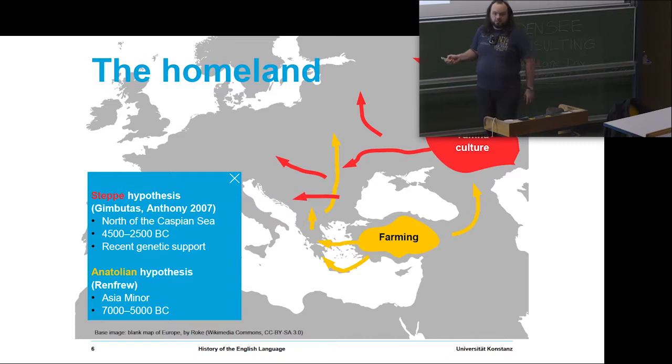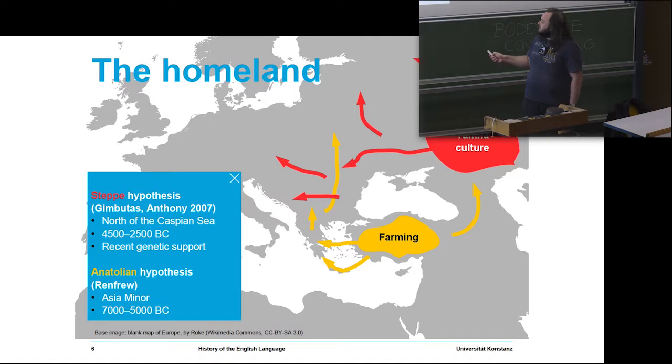On the other hand, we've got the Anatolian hypothesis, which is associated with the archaeologist Colin Renfrew. And this says that the Indo-European languages originated in Asia Minor, aka Turkey. Now, most people in this area are not speakers of Indo-European, but they would have been at the time, according to this hypothesis.